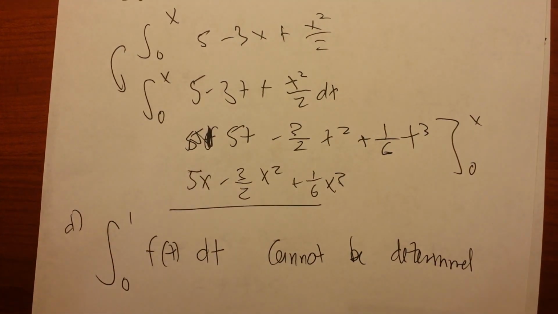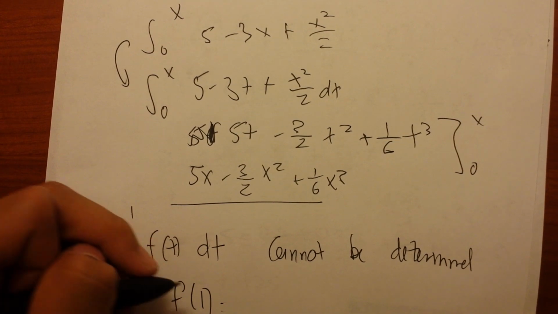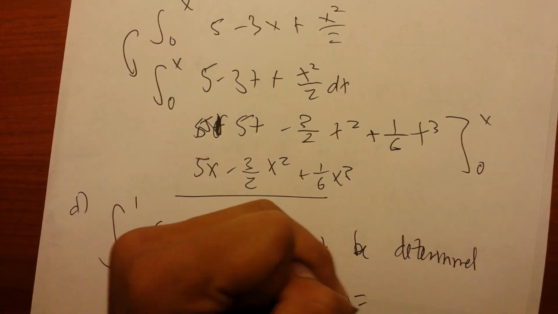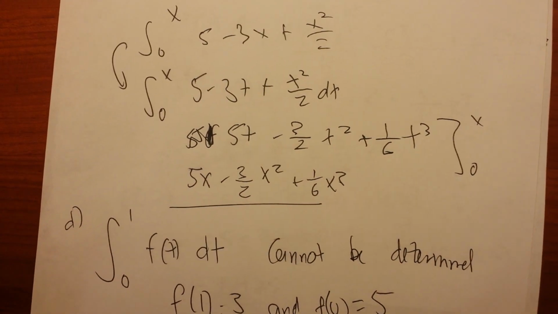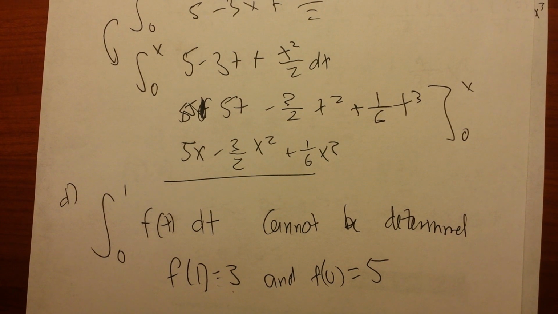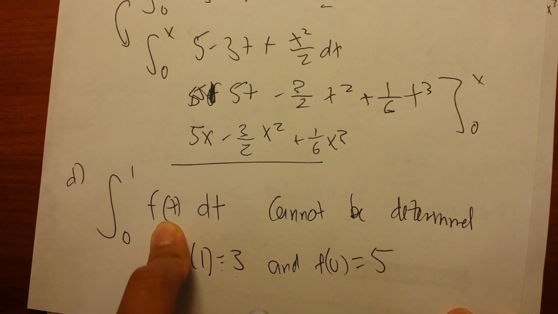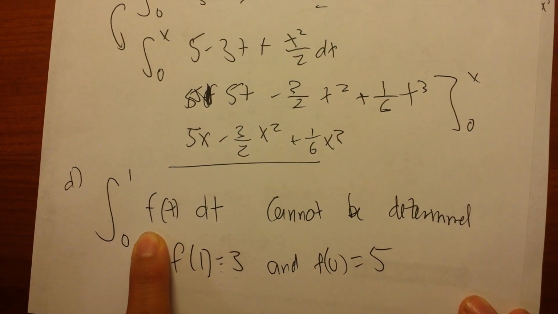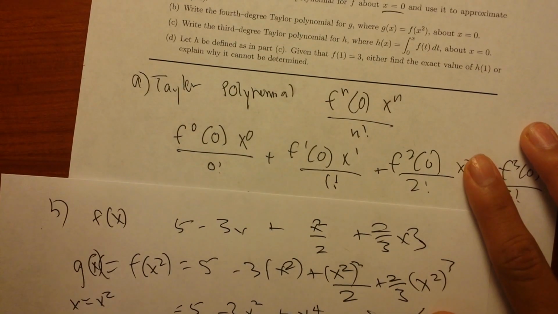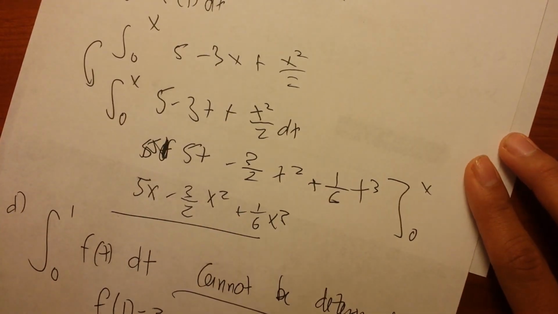This is because we only know f of 1 equals 3 and f of 0 equals 5. Because we only know this, we don't have the entire polynomial of f. So technically we can only approximate the integral from 0 to 1 of f of t. We can't actually find the exact value, and it's asking for the exact value. So because of this, it cannot be determined.